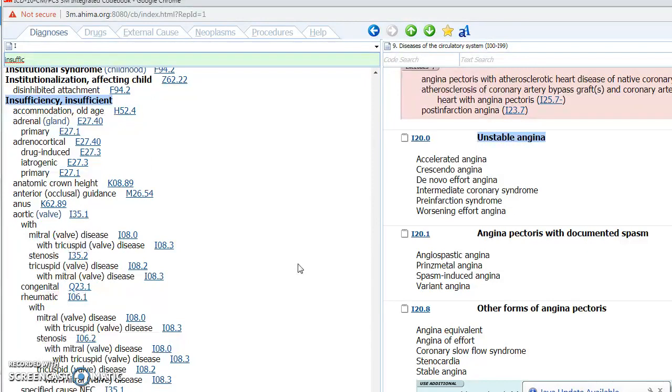Since it's due to hypertension, they state that that is a relationship, and that's why they're using I11. The second example does state hypertensive, again with congestive heart failure, so that's I11. The third one is also I11 because it is congestive heart failure with hypertension. So once again, we are assuming a relationship.